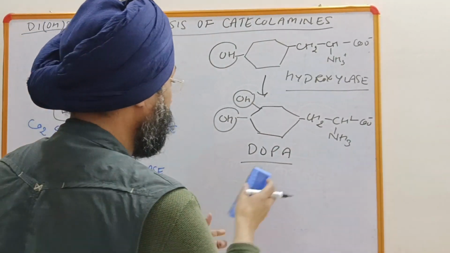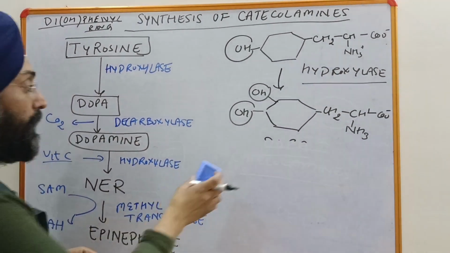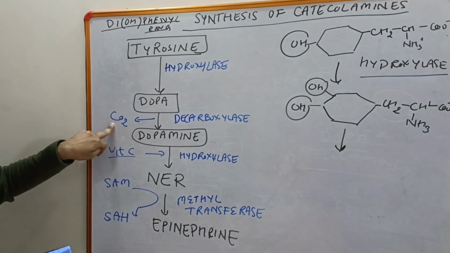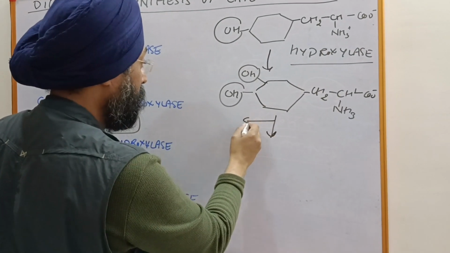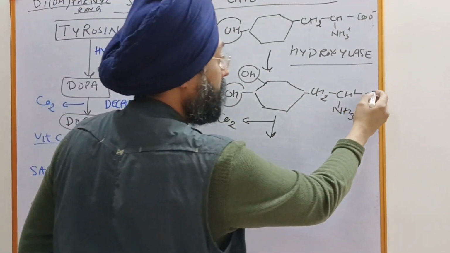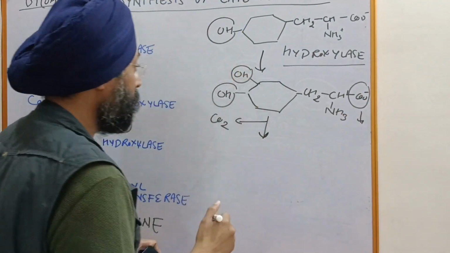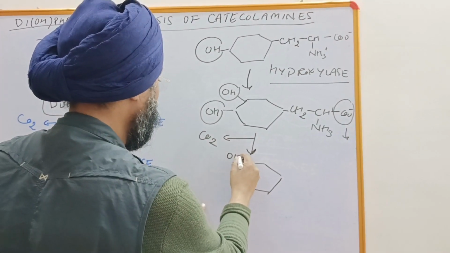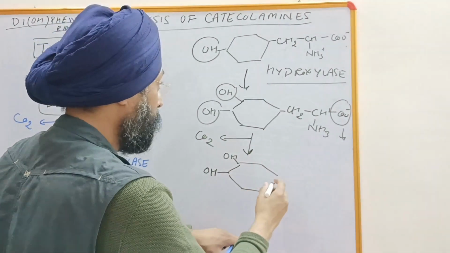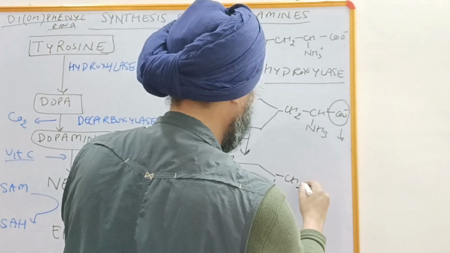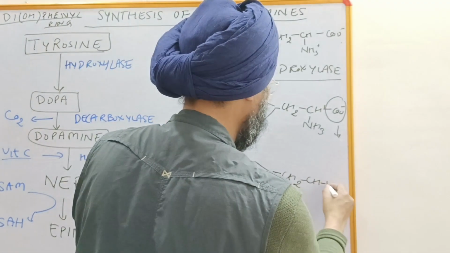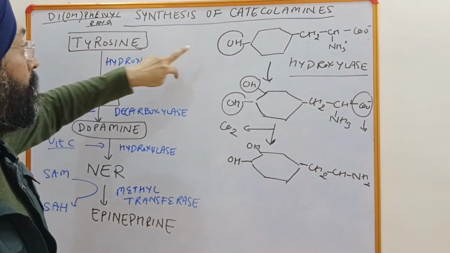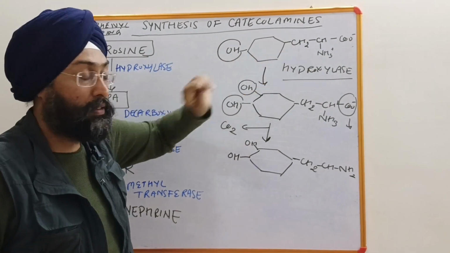Now dopa is further converted to dopamine, right? So there is a removal of carbon dioxide, right? So we will remove carbon dioxide from here. So tyrosine was there, monohydroxyphenylalanine.